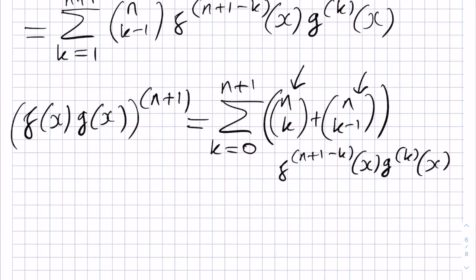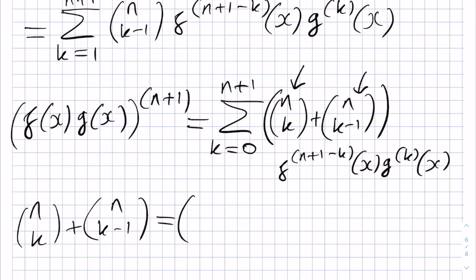then we can use the formula for adding up binomial coefficients of this form, and we have n choose k plus n choose k minus 1, and we discussed in the video that this is equal to, let's have a look, n plus 1 choose k.